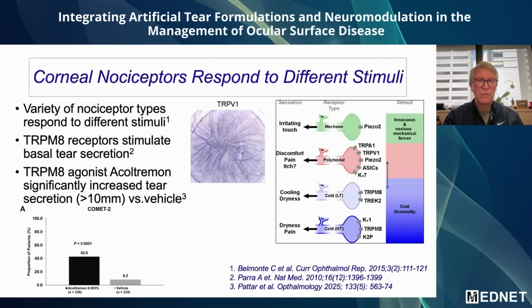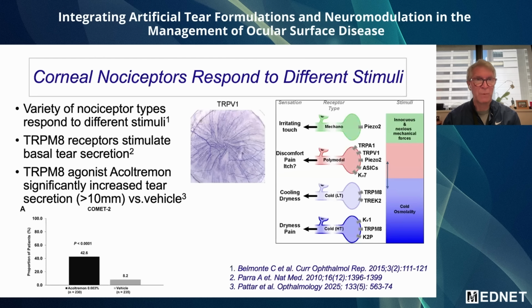And these corneal receptors, as I mentioned, respond to different types of stimuli. The TRPM8 receptors, which are targets for Coltramon, which is a recently FDA-approved therapy to stimulate tear production, stimulate basal tear secretion, again, driven by the slight cooling, about 1 degree Celsius, that occurs in the interblink interval.